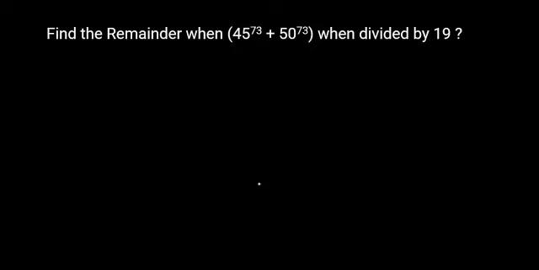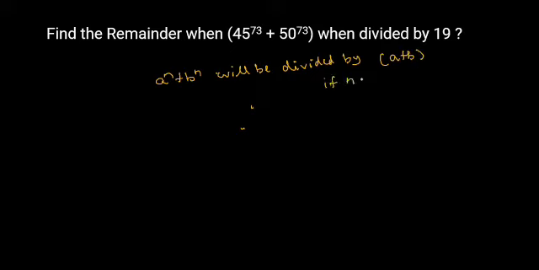So first thing, you have to understand the theorem connected with this. So what is the theorem which is connected with this? Listen carefully, the theorem is: a to the power of n plus b to the power of n will be divisible by a plus b if n is odd.